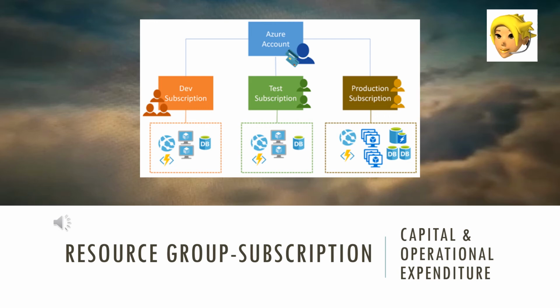You get billed as per usage, there is no upfront cost, and you pay as you use, right? So this is all about resource group, subscription, and capital and operational expenditure.